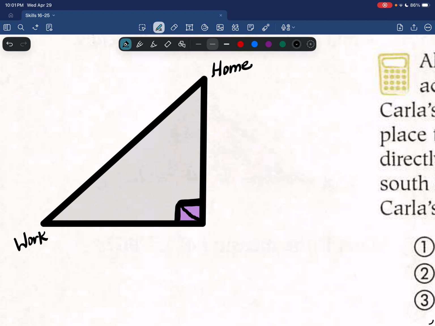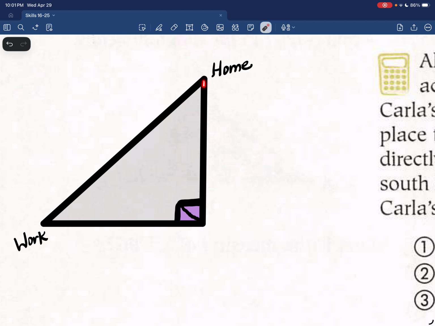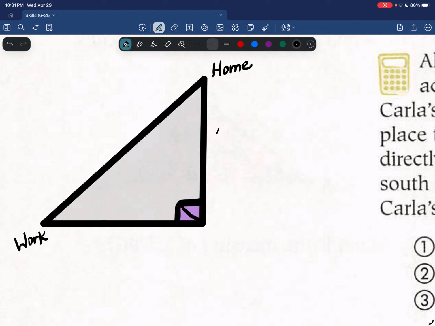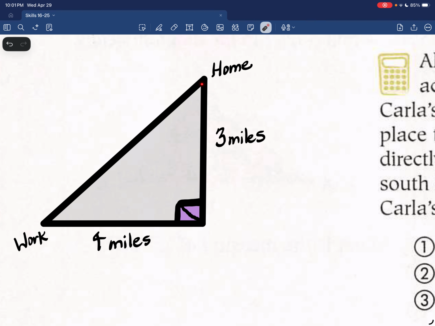To get to work, I can drive south, then turn this way. So maybe this distance is 3 miles, and this distance is 4 miles. How many miles did I drive to get to work? I went 3, I turned and went 4 more, so I drove 7 miles.